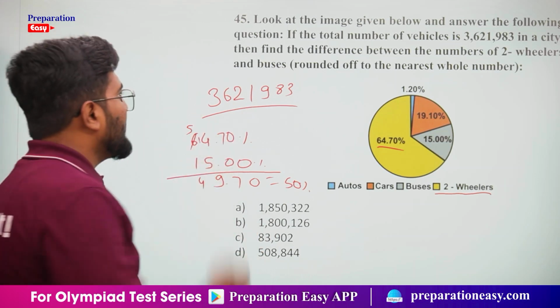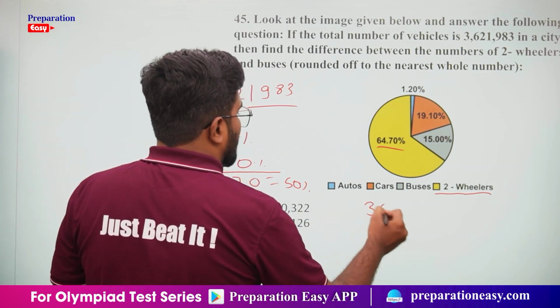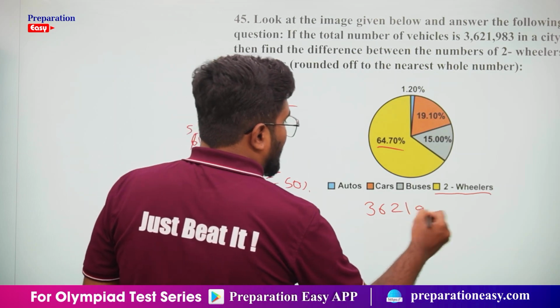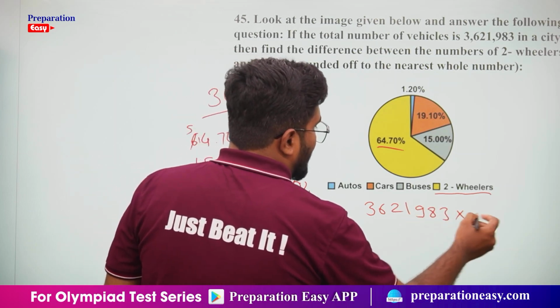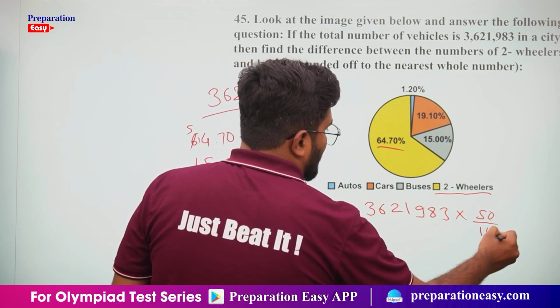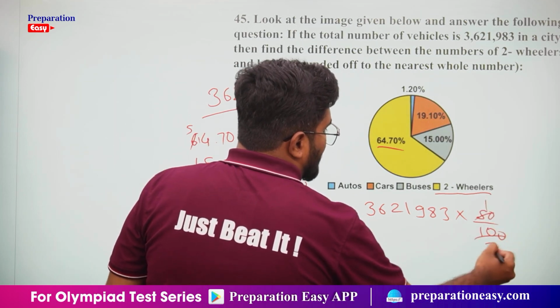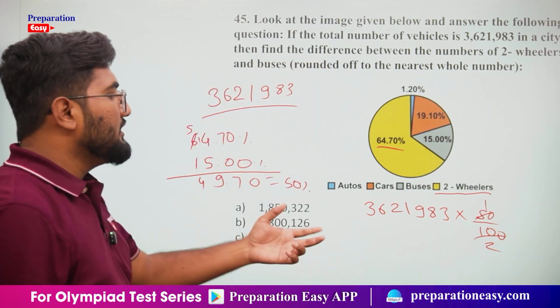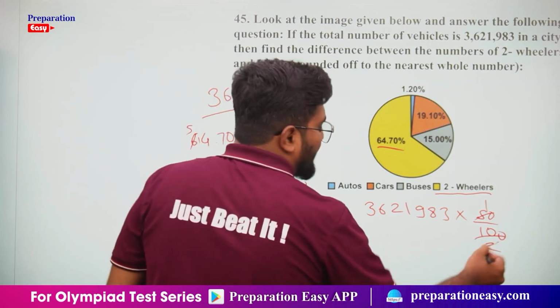Now we can directly calculate 3621983 multiplied by 50 divided by 100. So directly if I divide 3621983 by 2, I will get my answer.